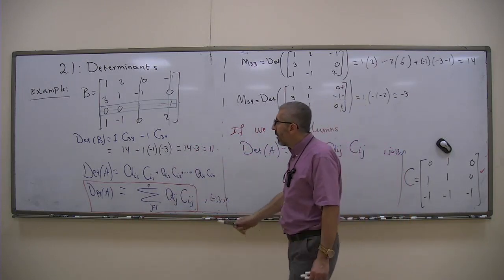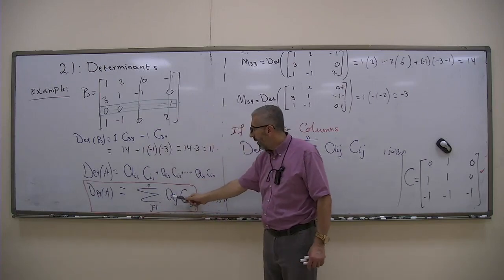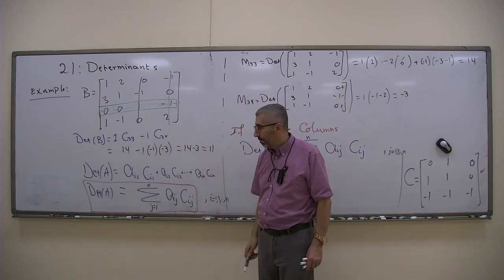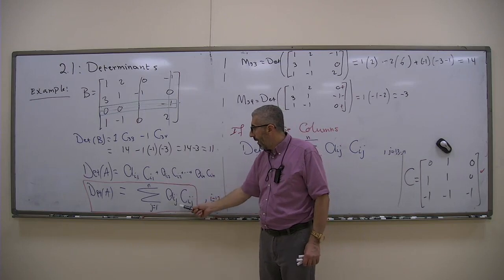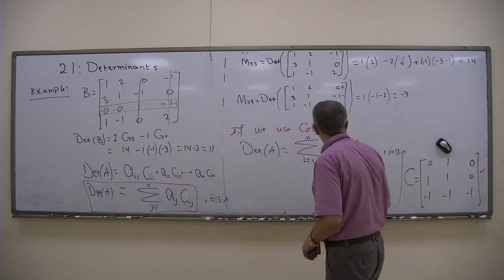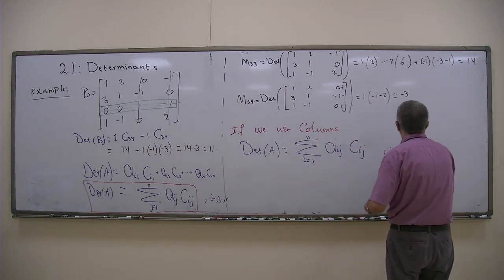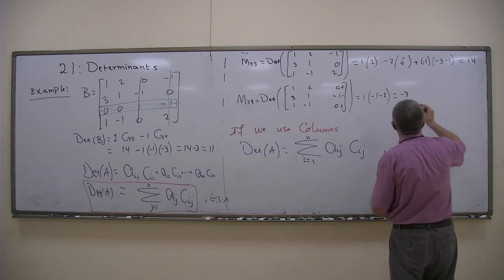Why? Because you can use that row, and in that case, everything here, the Aij, they are going to be zeros, so you get 0. So right away, you can make some easy conclusions here. So let me write that down. Facts.